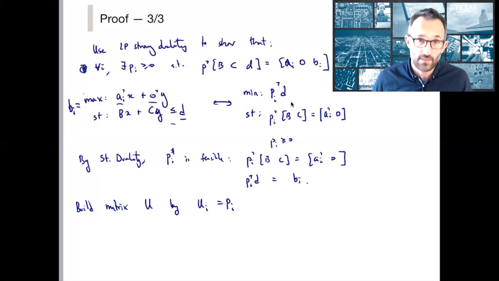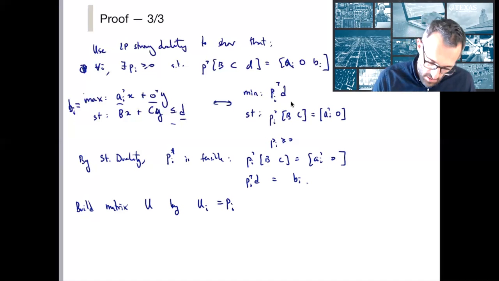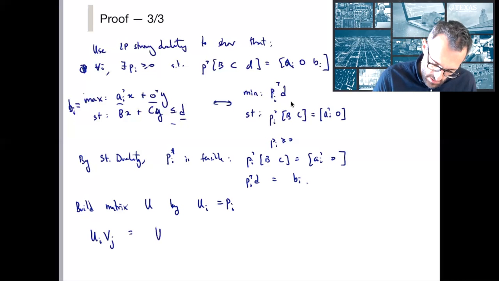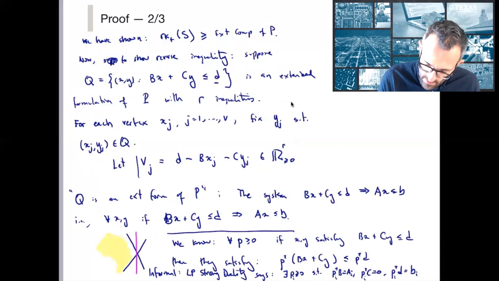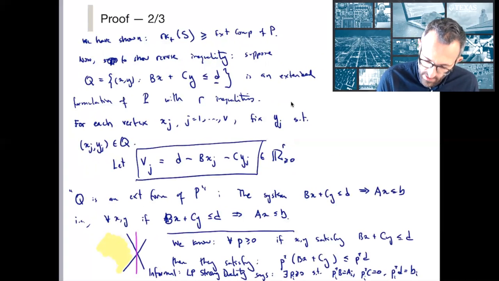So what does that tell us? What is Ui times Vj? So this is equal to Ui times, let's go back and see, how did we define Vj? This is how I defined Vj.